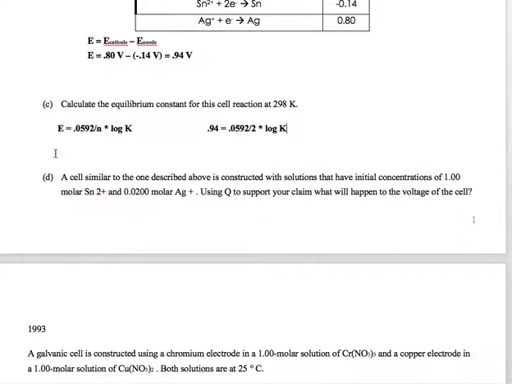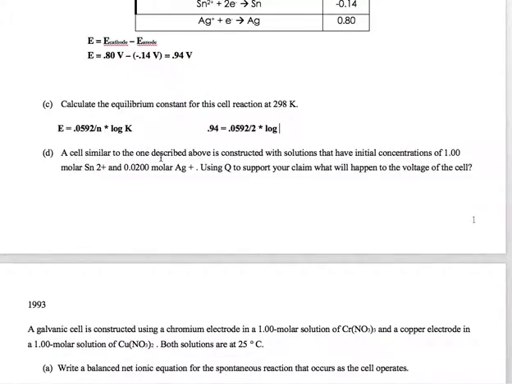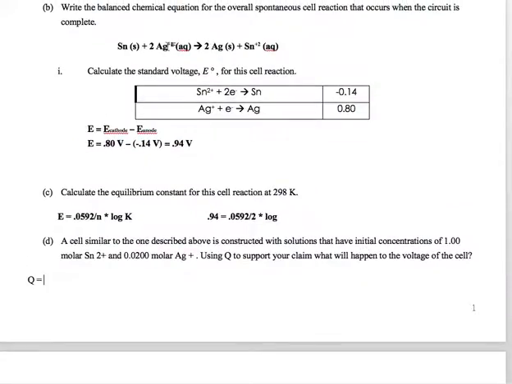For the last part, they have you calculating a Q value. They did one very similar, but the tin concentration is still 1, and the silver is only 0.02. So you're calculating a Q based on your reaction up here. If you remember, Q is like equilibrium, it's the products over the reactants, and it only includes aqueous species and gases. So the silver solid won't show up.